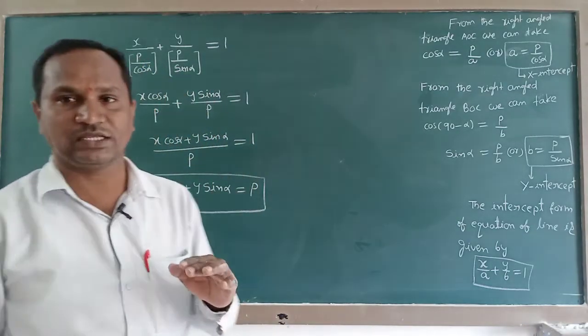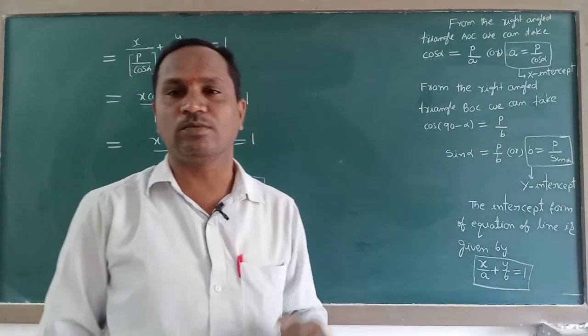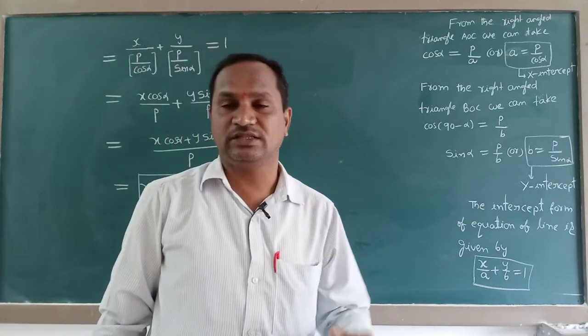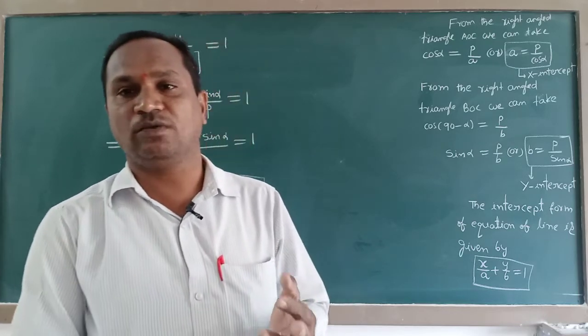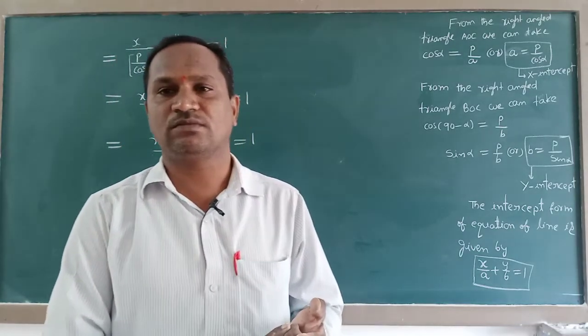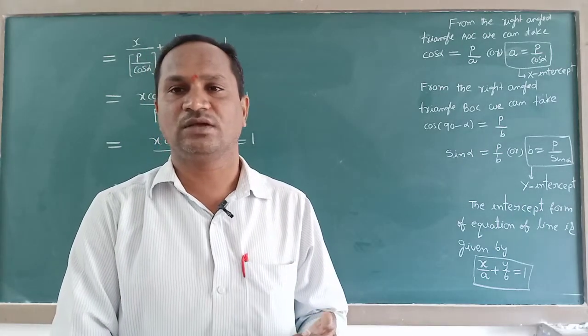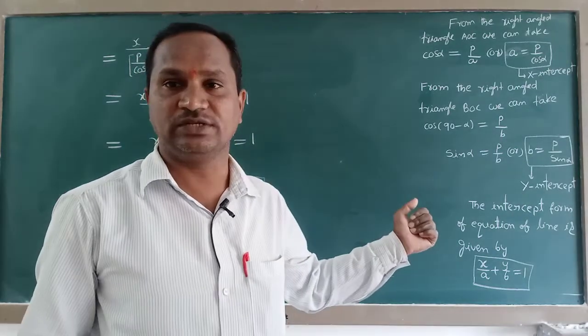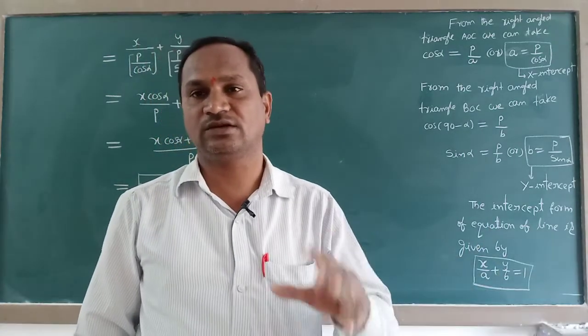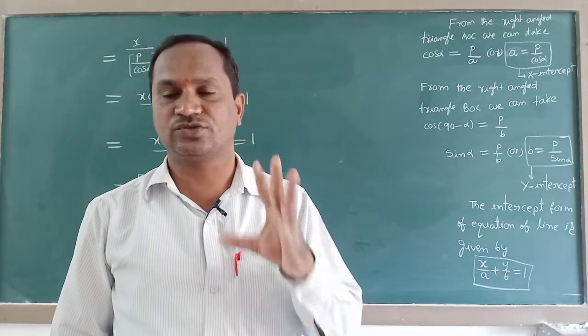Like that, we have given a proof for the normal form. Already I have told in the previous classes slope point form, two points form, intercept form, slope intercept form, and last, just now, the normal form. Like that, 5 forms I have told.